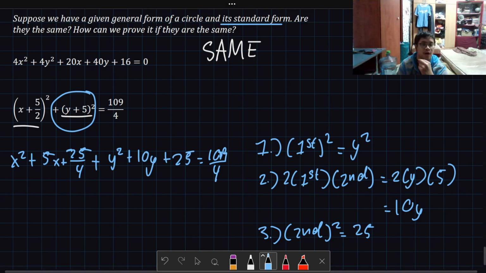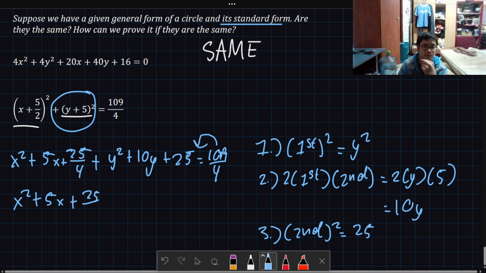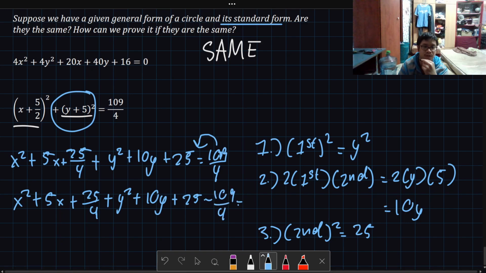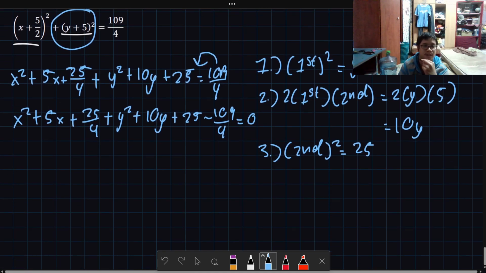Next step, we move the constant from the right to the left. So we have x² + 5x + 25/4 + y² + 10y + 25 − 109/4 = 0. Then combine similar terms.